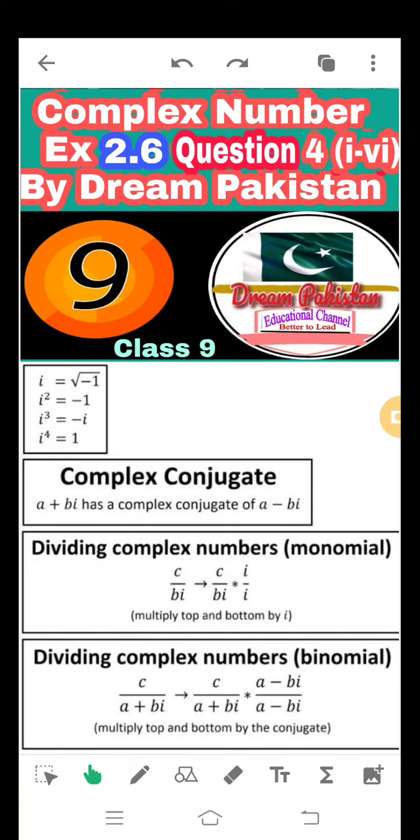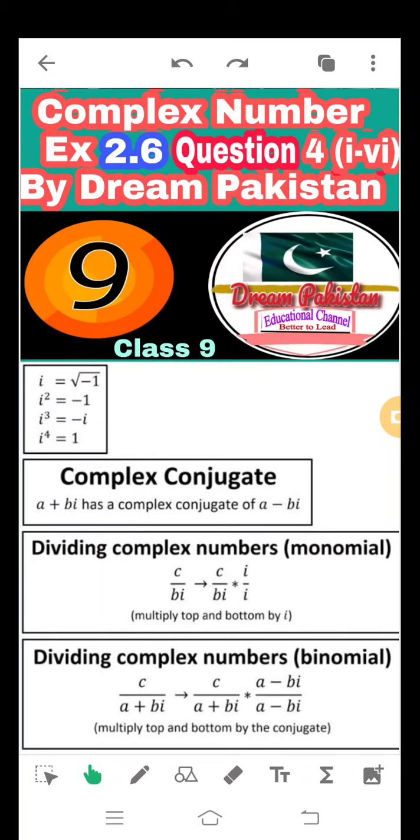We also know about the complex conjugate: if we have a plus b iota, then its conjugate will be a minus b iota, and if we have a minus b iota, then its conjugate will be a plus b iota. Simply, we change the sign of iota. Here it is plus and we have changed it to minus.